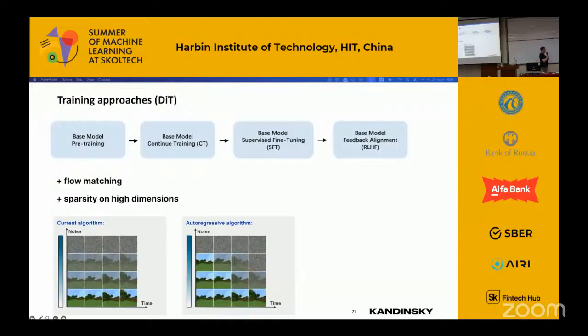For example, I talked about Movie Gen again. They used 400 million video scenes for pre-train. Can you imagine the size of such a dataset in terms of gigabytes, for example? For 400 million videos, it's really huge.